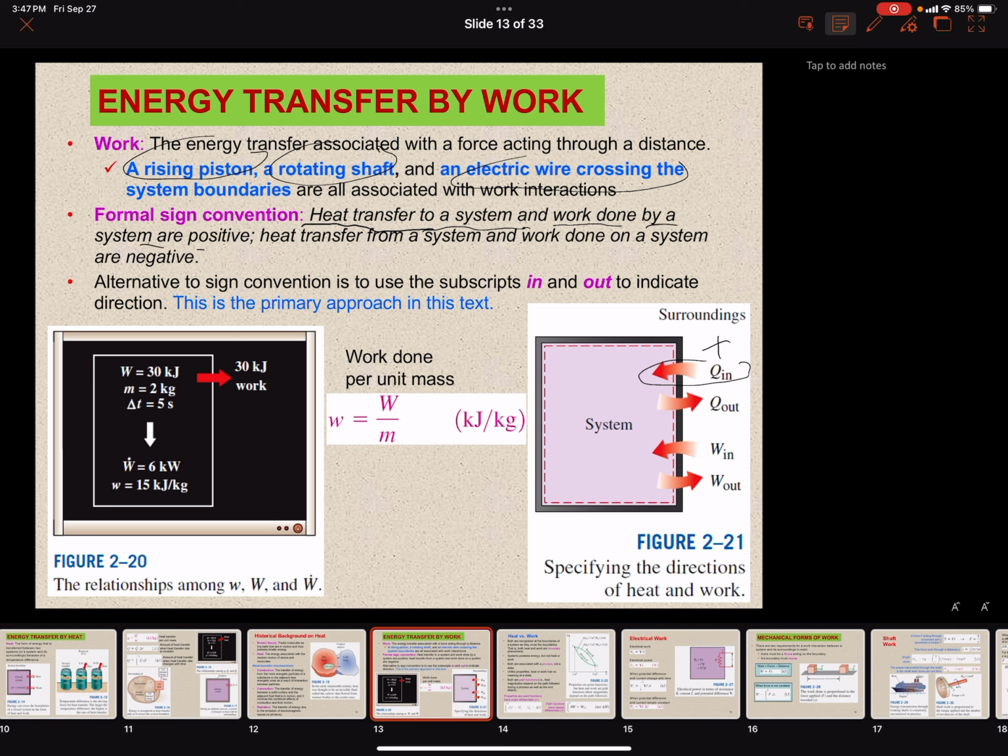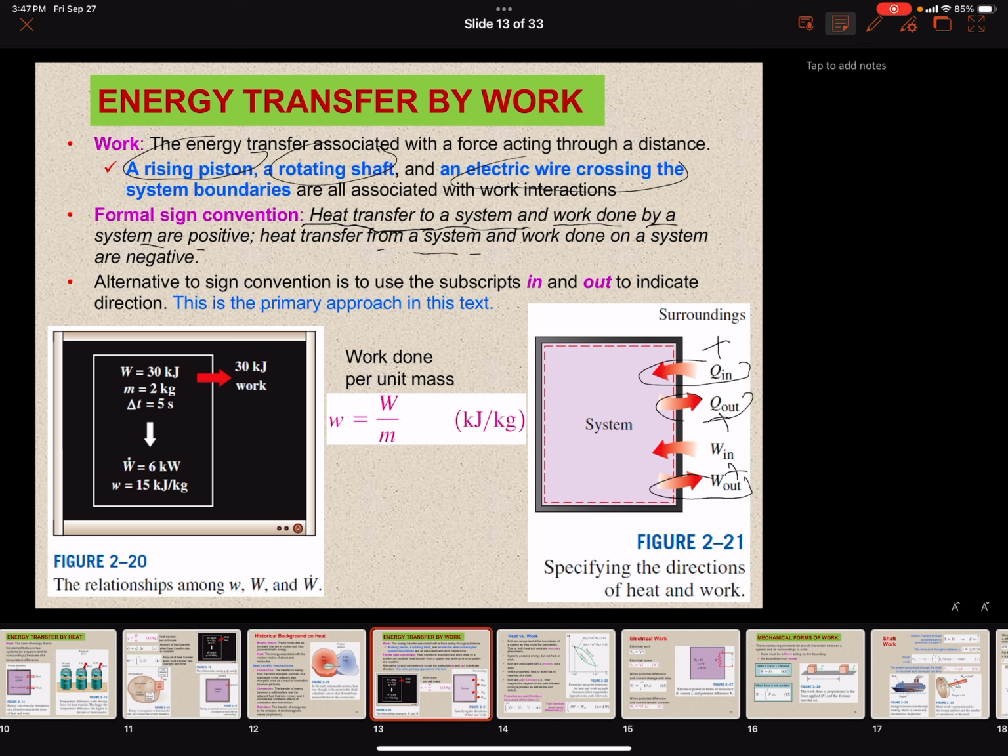And heat transfer out from a system and work done on a system are negative.